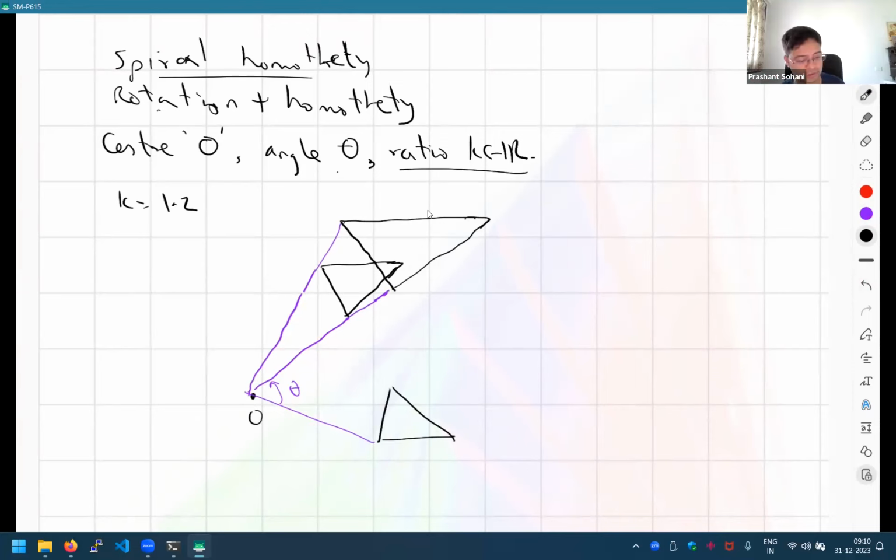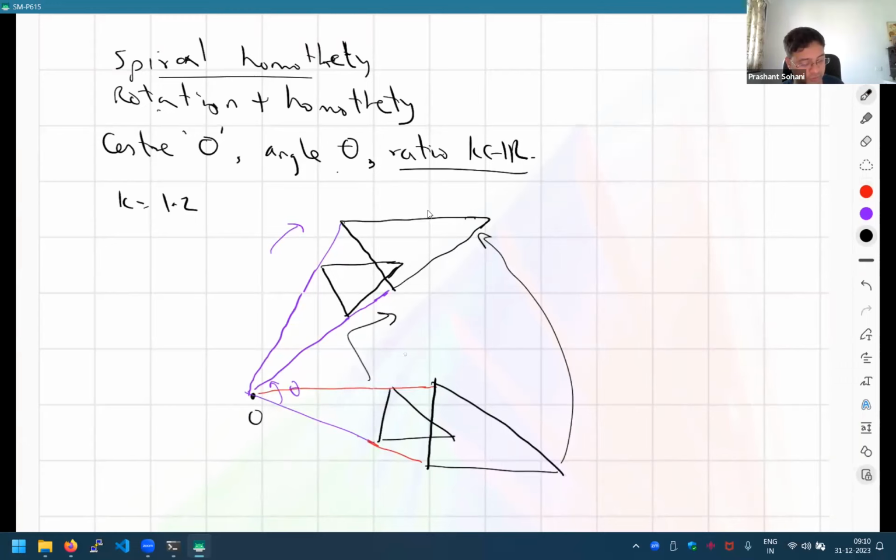There is a rotation followed by a dilation. And you may observe that if you do the reverse order, let us say we do the dilation first, followed by rotation, it doesn't matter. It is still going to give you the same result. Suppose you do the dilation first. The original triangle you first dilate with the ratio 1.2, so you'll get a new triangle like this maybe. Now this triangle you rotate with angle theta, but it is going to land in the same position.